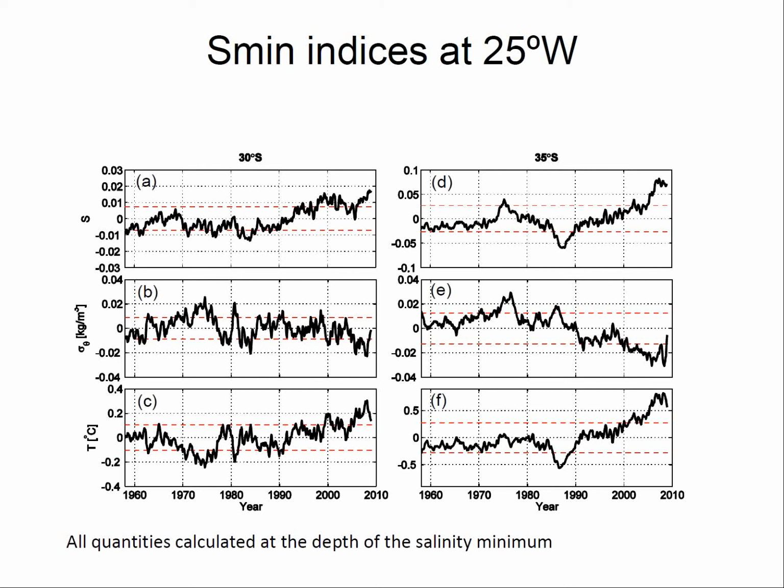And at 35 south too, after 2000, all the changes are significant, whereas over other periods not all of them are significant, but we can also see some variability over time. So for the two regions, we see an increase of salinity, an increase of temperature, and a decrease of density, in agreement again with Schmidtko and Johnson.